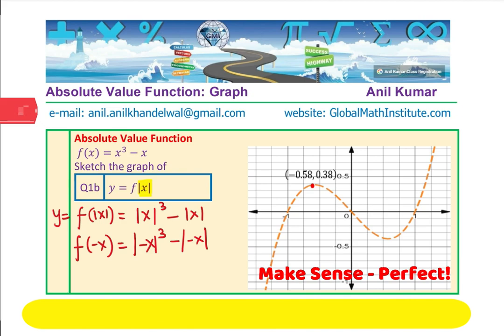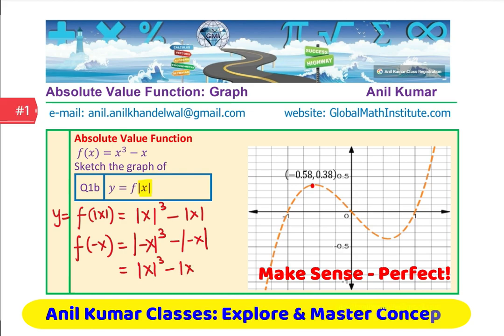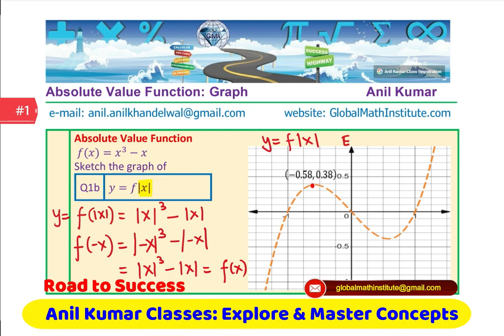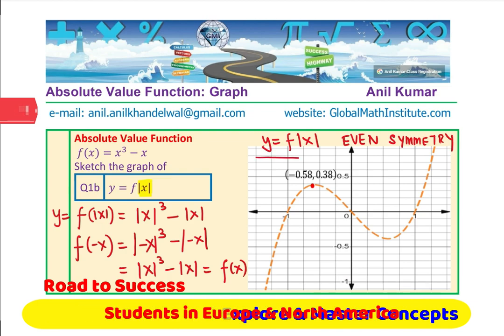Now, that gives you the same function, which is absolute value of x cube minus absolute value of x. And this is equal to f of x, correct? That means the function which we are talking about, which is f of absolute value of x, is having even symmetry. Perfect.